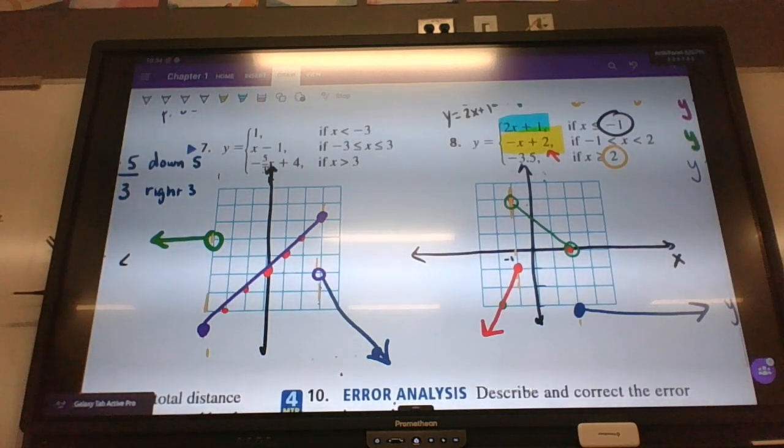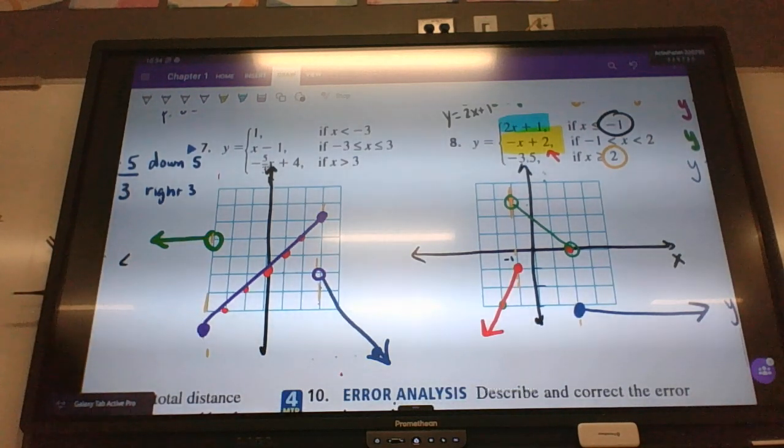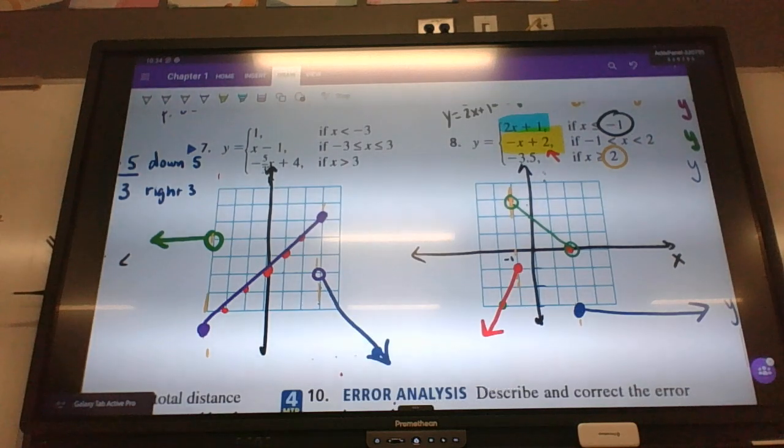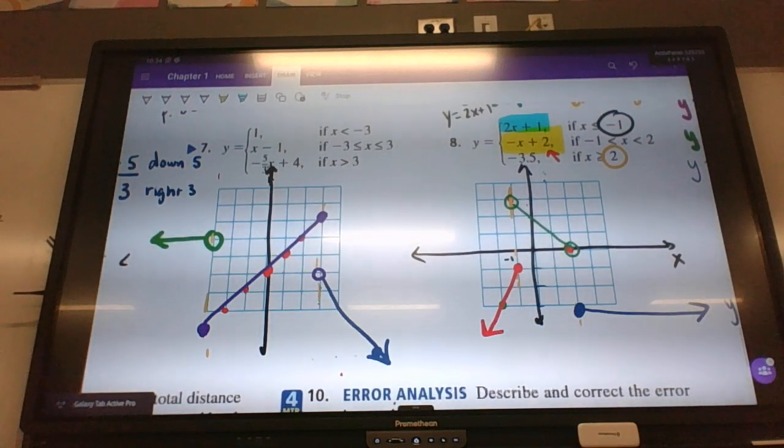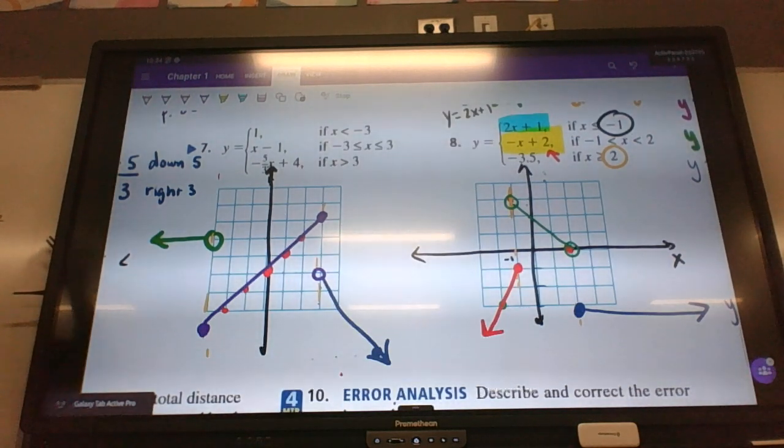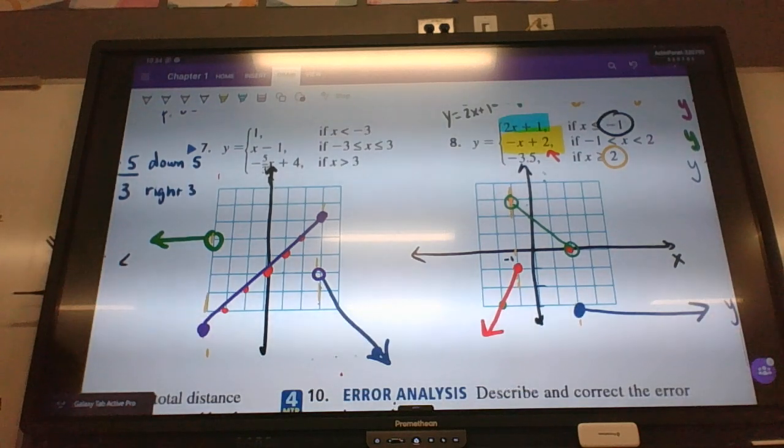You probably have more questions on the second page. So any questions on this one? Figuring out your slopes and all that?